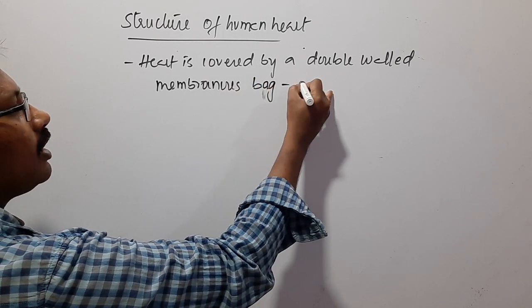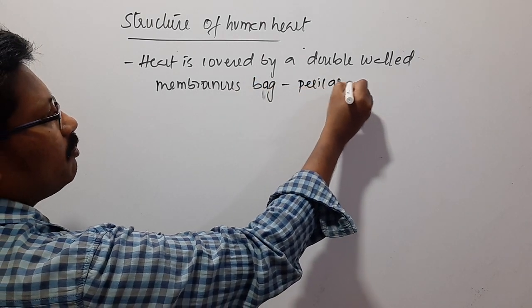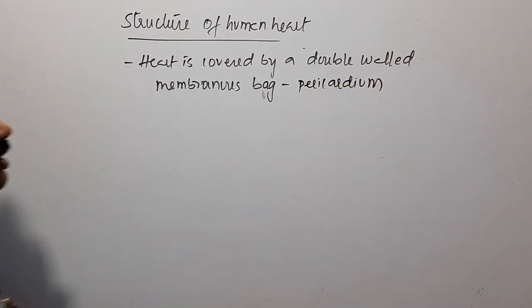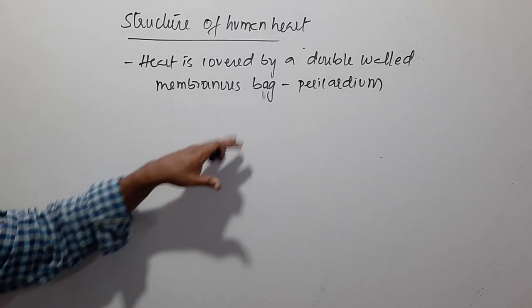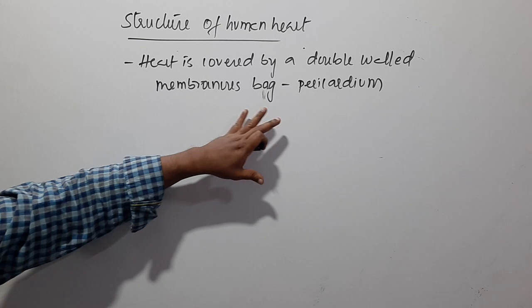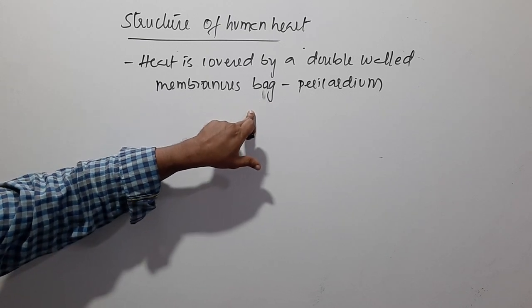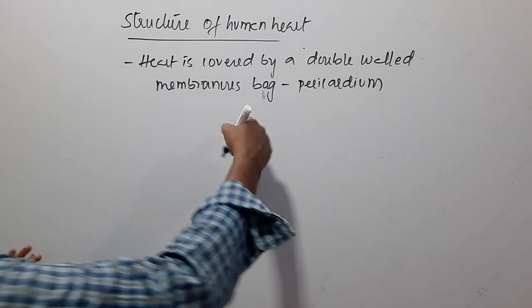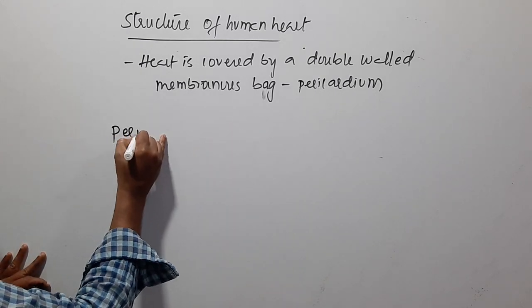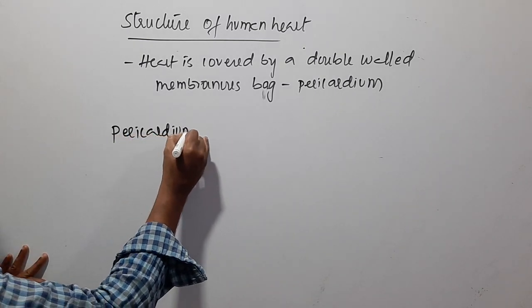It's called the pericardium. The heart is covered by a double layered membranous bag, and inside that the heart is present. So that double walled membranous bag is what we call the pericardium. Okay, right. We'll see the pericardium.